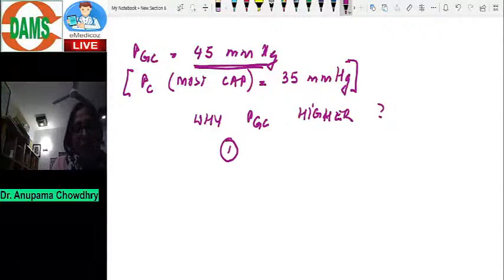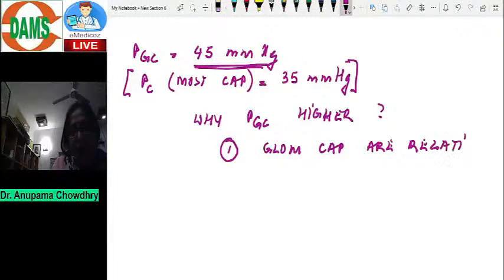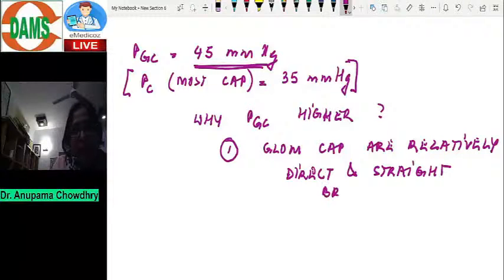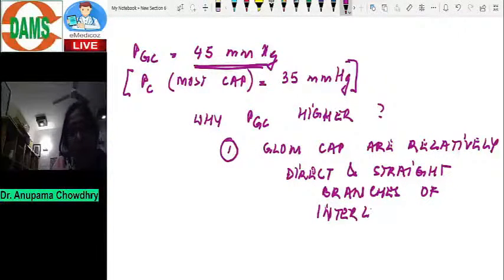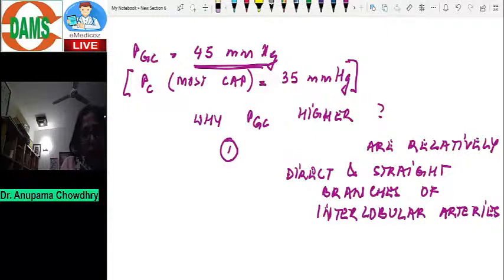Number one, the glomerular capillaries are relatively direct and straight branches of the interlobular arteries. Right? What do I mean by that? Before I write glomerular capillaries, I should write afferent arterioles.